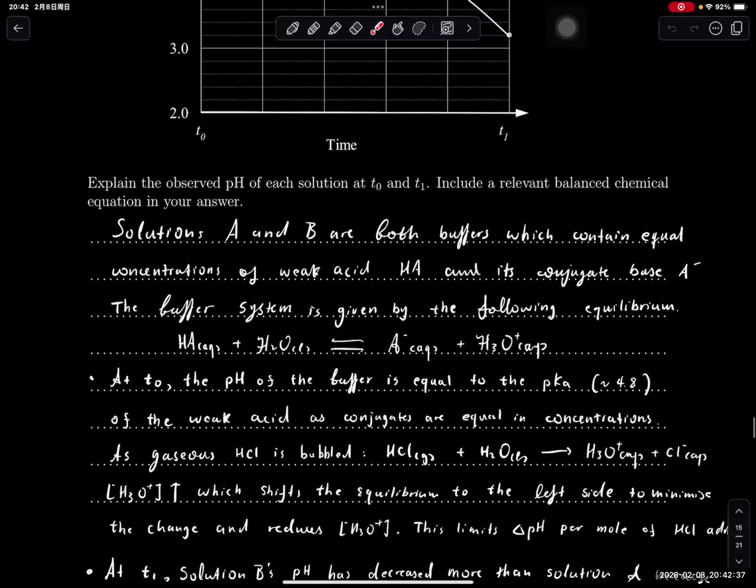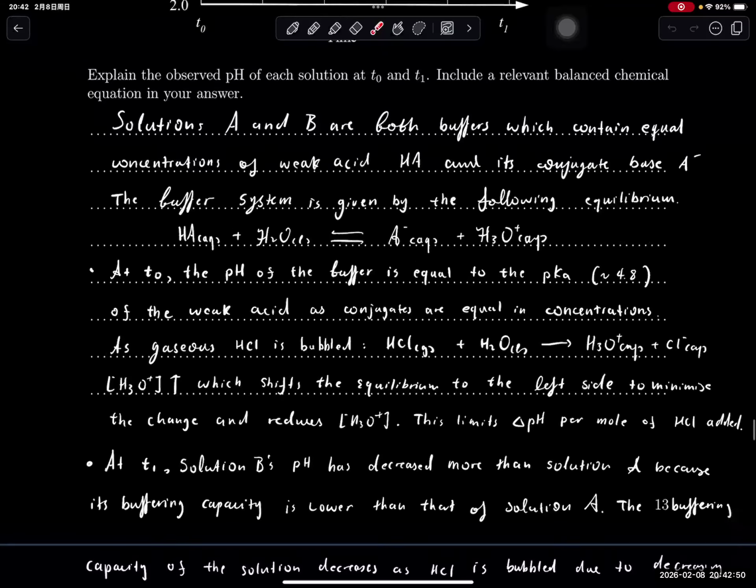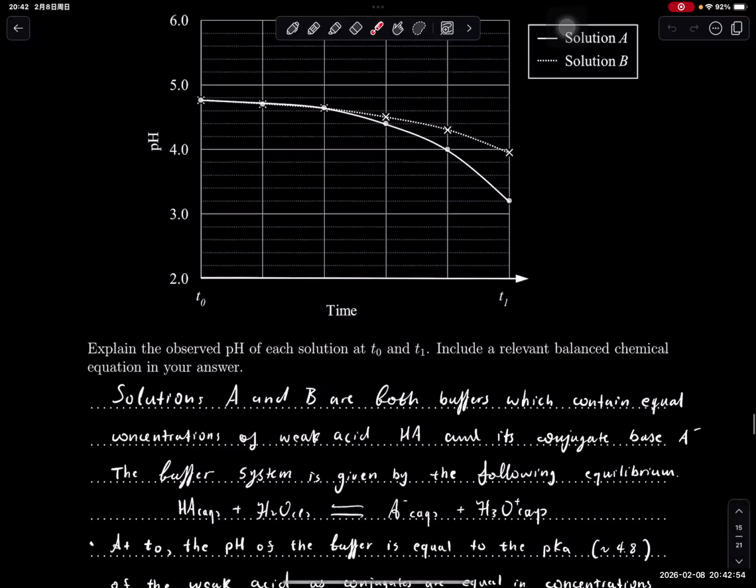So solutions A and B are both buffers which contain equal concentrations of the acid and the conjugate. The buffer system is given by the following equilibrium, this generic one. At T0, the pH of the buffer is equal to pKa, so roughly 4.8.